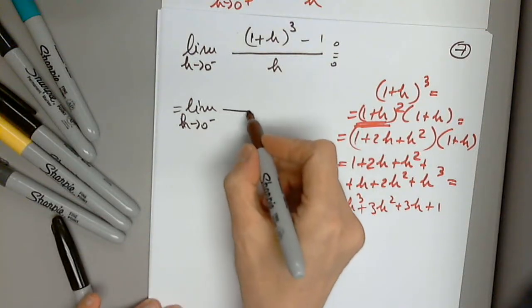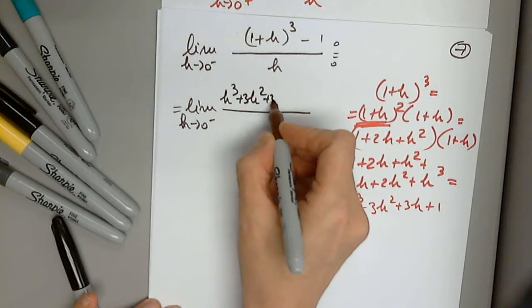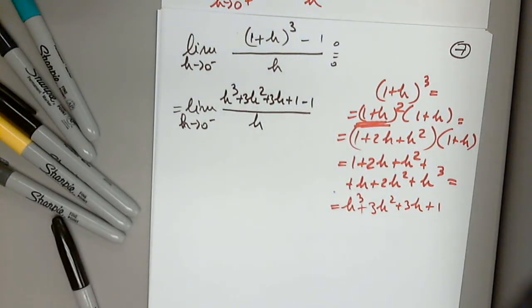Okay, so now we have 1 plus h cubed. And here it is: h cubed plus 3h squared plus 3h plus 1 minus 1, divided by h. What has to happen every time I look at it or work with the difference quotient? What is the first thing that has to happen? All the non-h terms go away. That's what I expect. And then eventually the h from the denominator must go away.